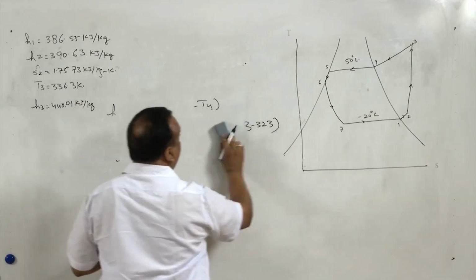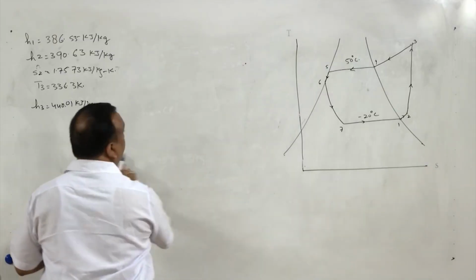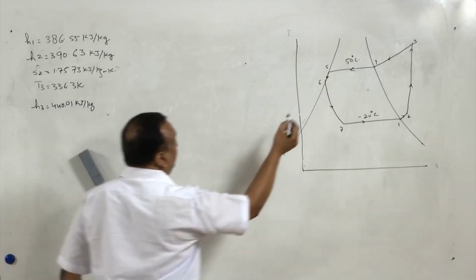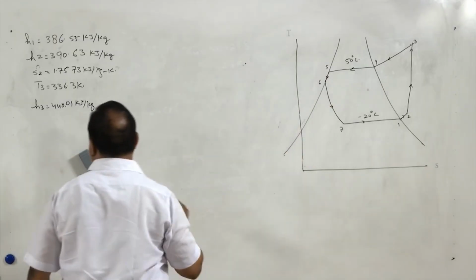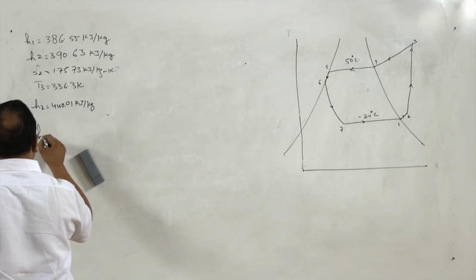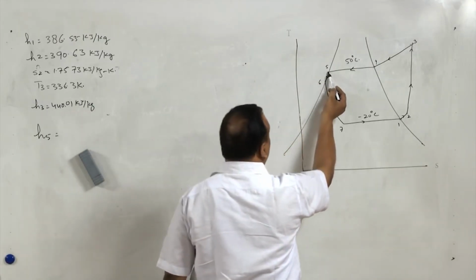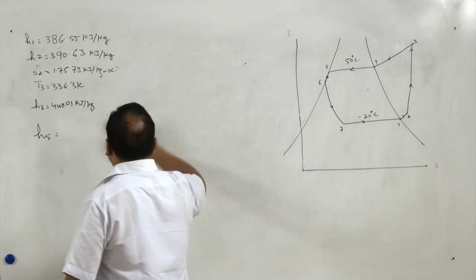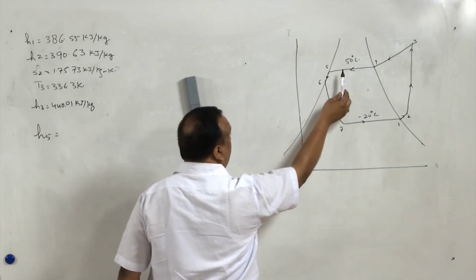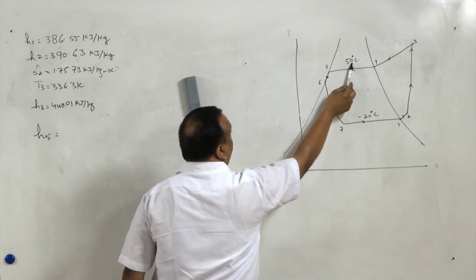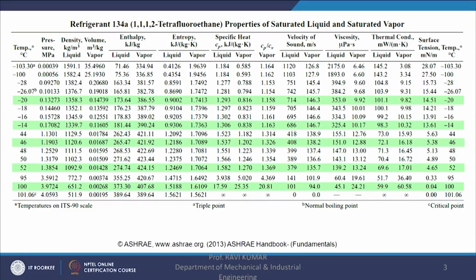Now after H3 we have to find the value of H5. H5 we can directly take from the properties diagram, that is the enthalpy of liquid R134A at 50 degree centigrade, the enthalpy of saturated liquid.